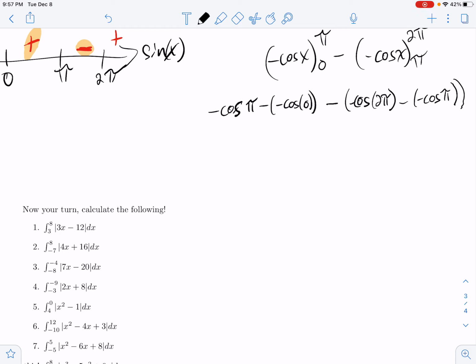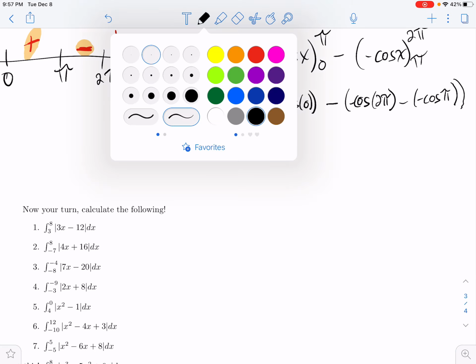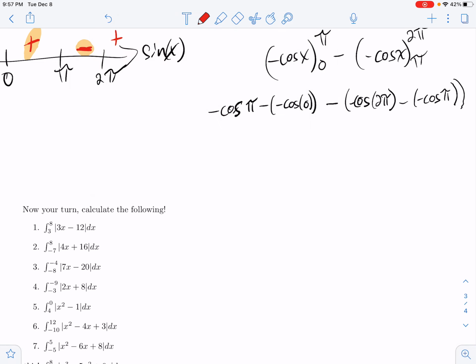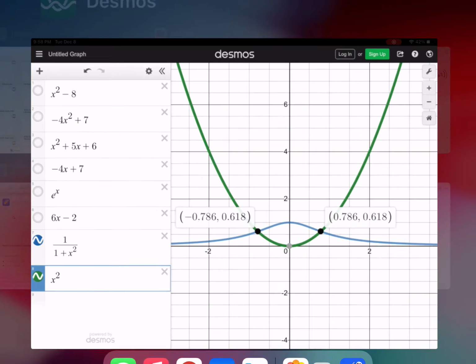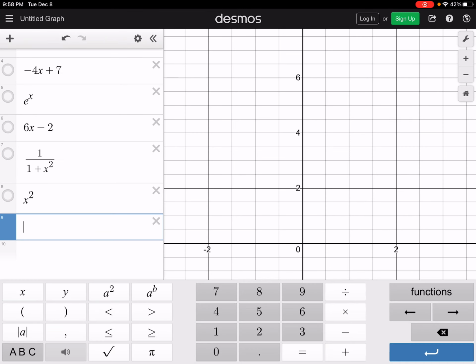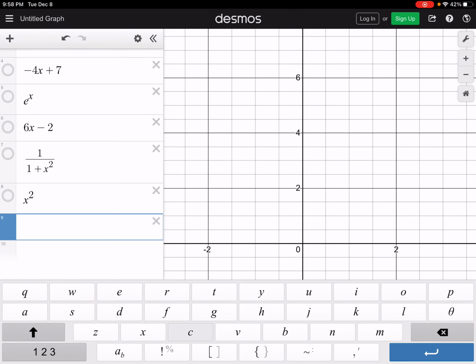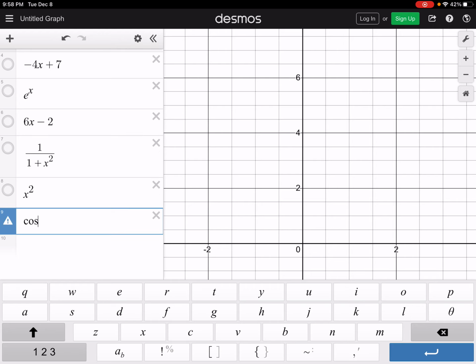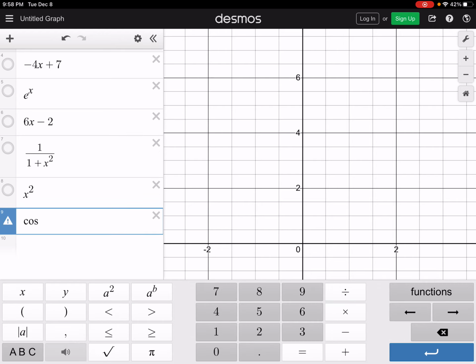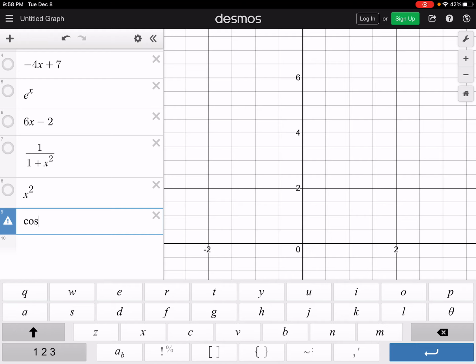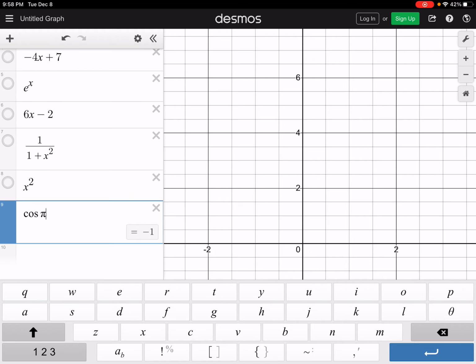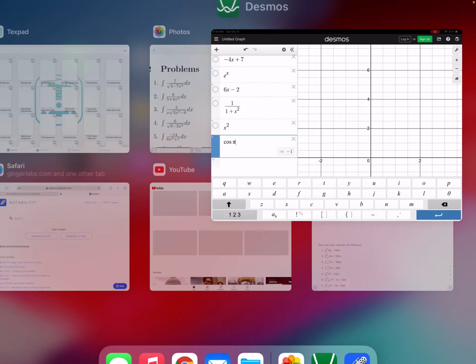Well, we can just calculate what each of these things are. Cosine of pi is 0. So this is, no, excuse me. Cosine of pi? What is cosine of pi? Back to Desmos. Cosine of pi. Actually, I could do that. I could try pi. Cosine of pi is negative 1.